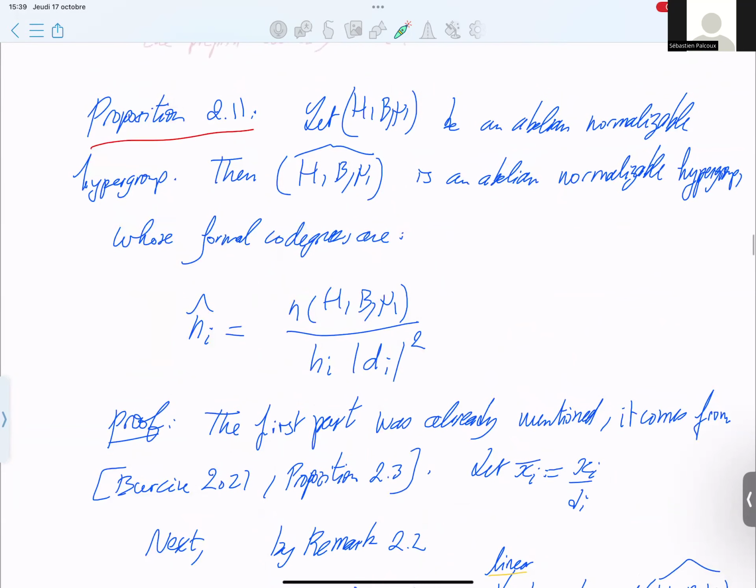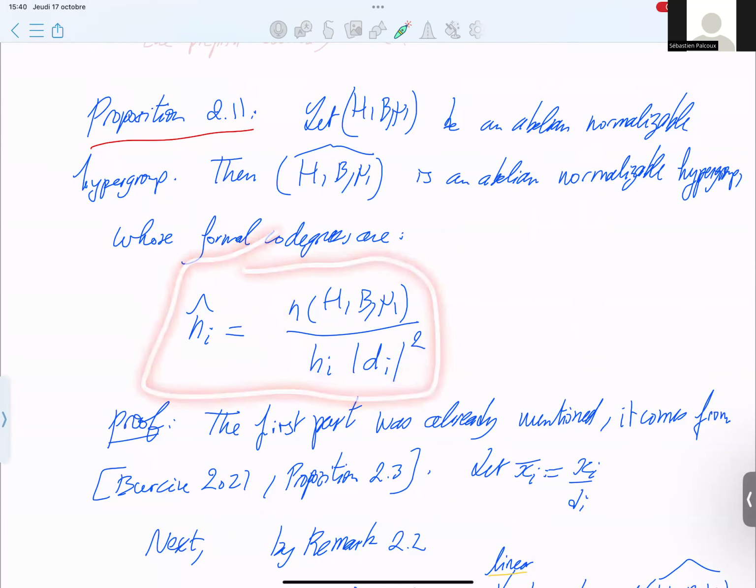I don't remember if you have a formula for the formal codegree here. What was the formal codegree here? It was just the square norm of each column. So you fix an algebra linear character and you take the square norm. But I did not remember if we get a short formula like that. But at least in the dual, you have a short formula like that.